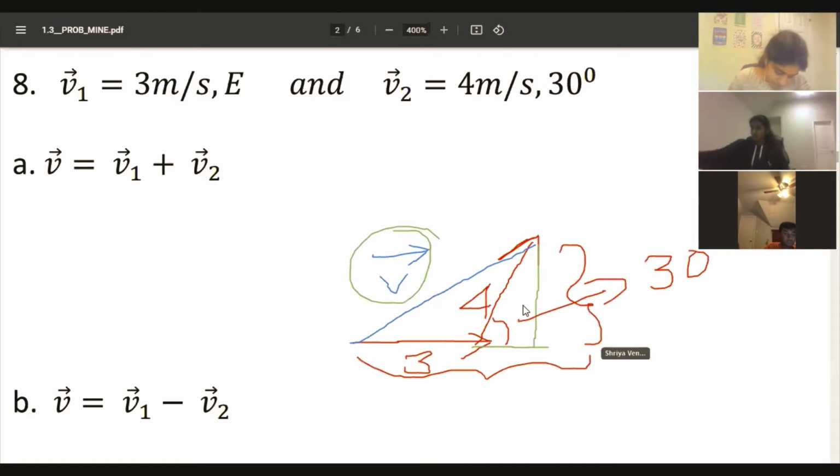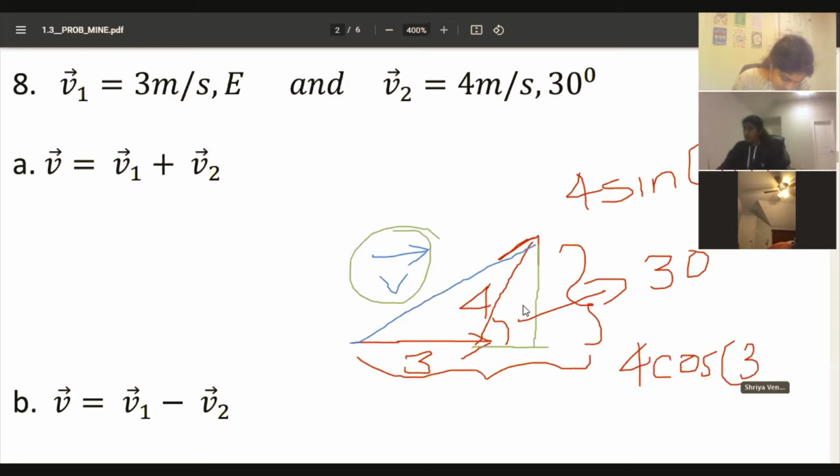I'm going to say that the height is 4 times sine of 30, and then the width is 4 times cosine of 30, because that was the definition of the vertical and horizontal components that was stated earlier.